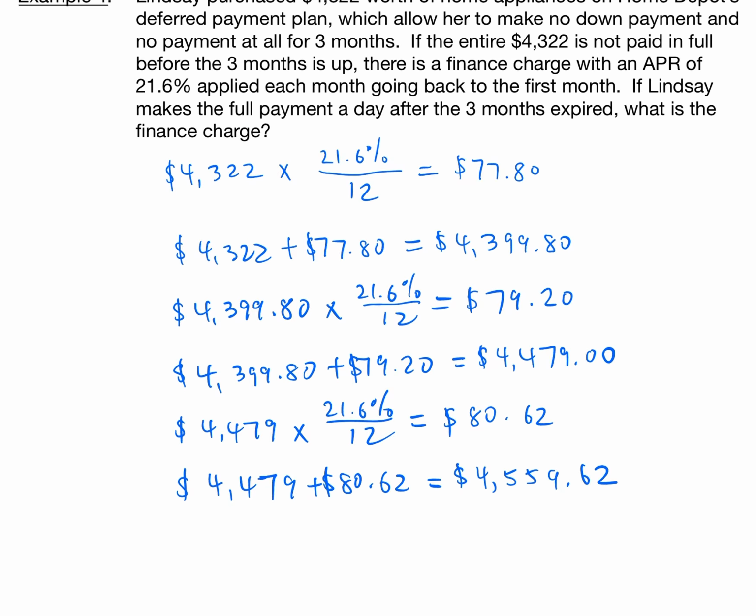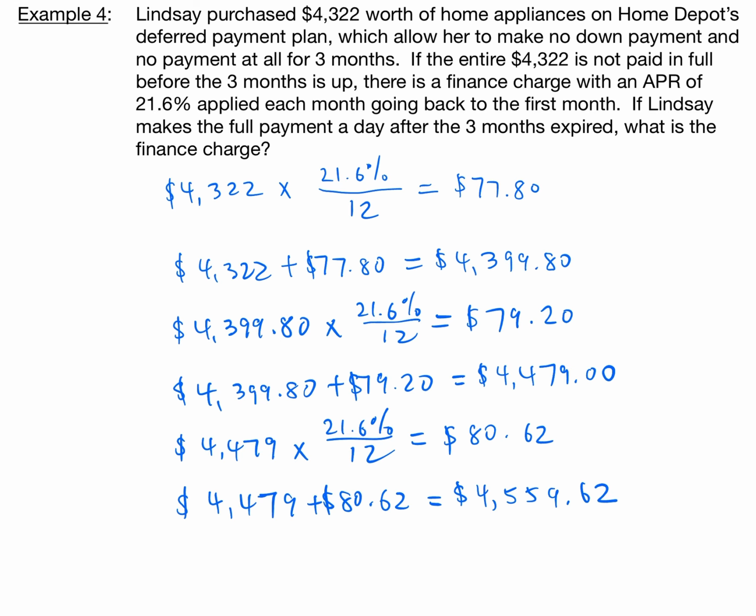Okay, so what ended up being the original cost of $4,322 has now skyrocketed up to $4,559. Okay, and that's if she doesn't pay this amount off within the 3 months promotional period. So as you can see, this becomes very, very expensive if you miss the deadline even by 1 day.